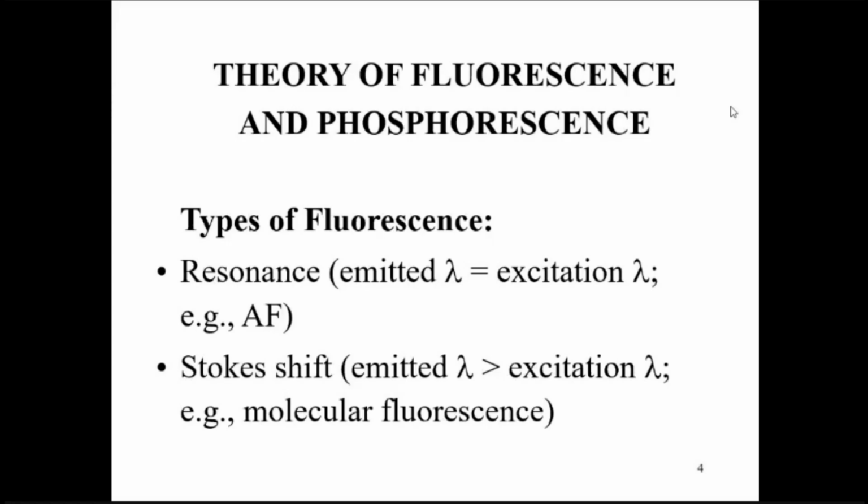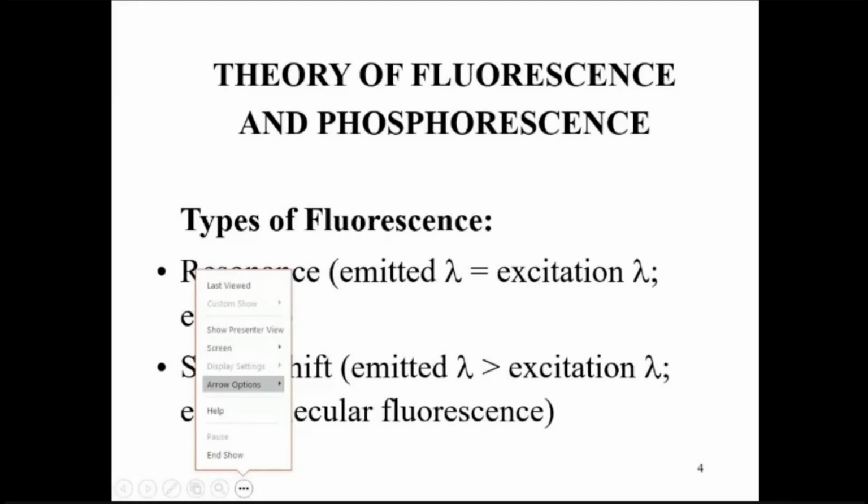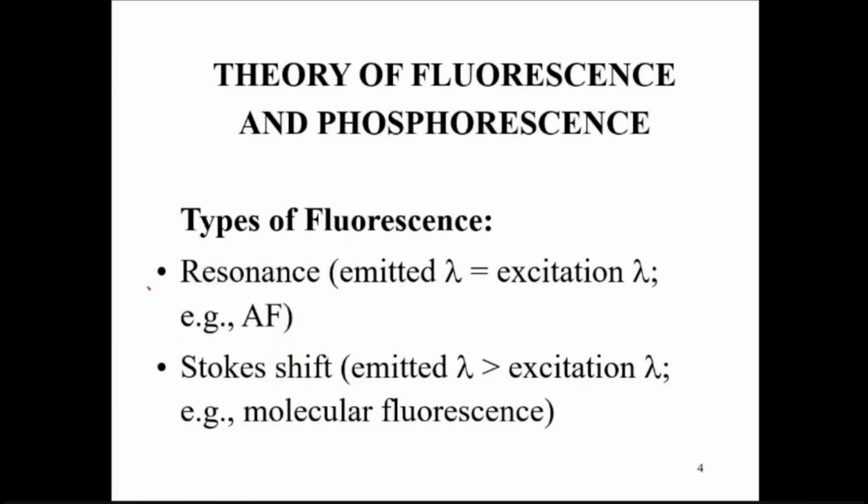Types of fluorescence. There are two types of fluorescence. One is called resonance, where the emitted lambda and excitation lambda are the same, they are equal.